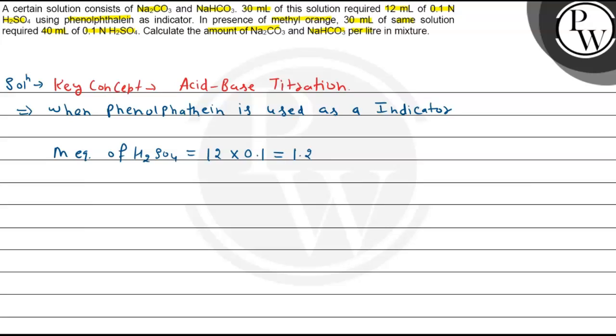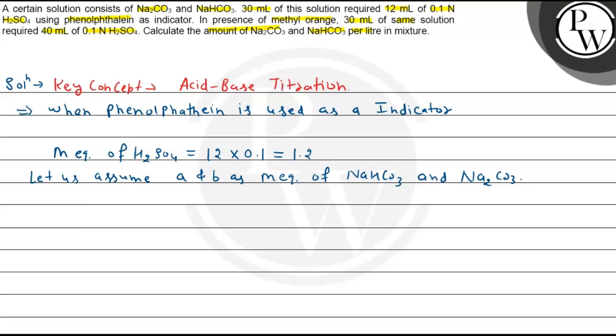After that, consider the equivalent moles of the component of the mixture. So let us assume A and B as milli equivalent of NaHCO3 and Na2CO3.